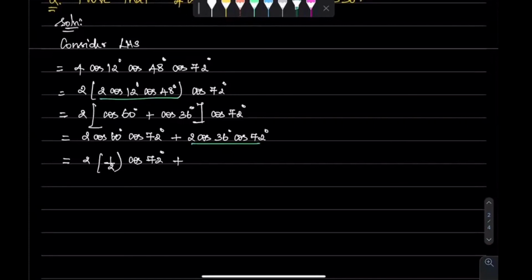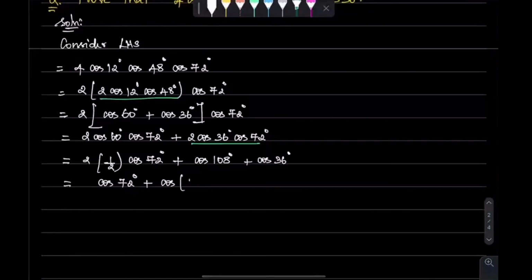If I apply here, again cos. If I add it, I get 108, right? C plus D, plus cos 36 degree. So this is nothing but cos of 72 degree plus cos 108. How can I write it? In cos, I can write 180 minus 72 degree.